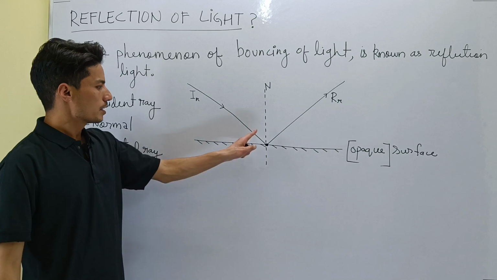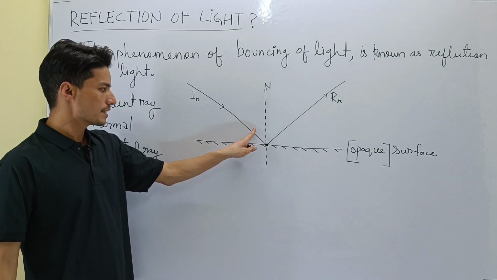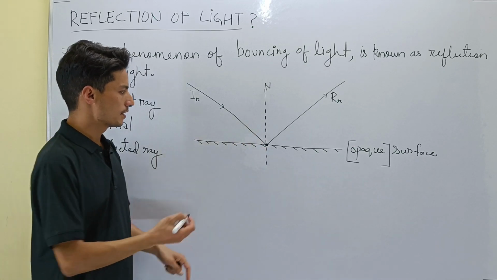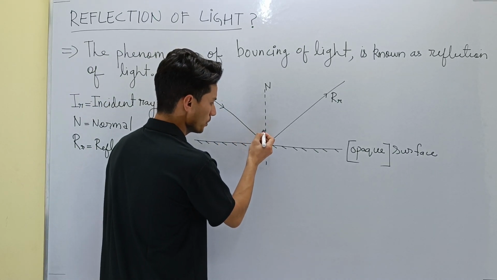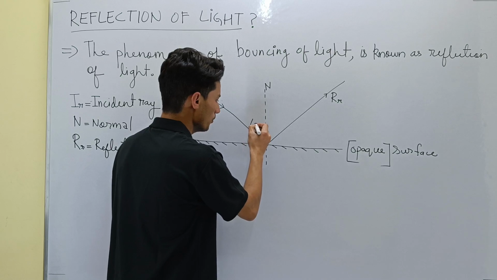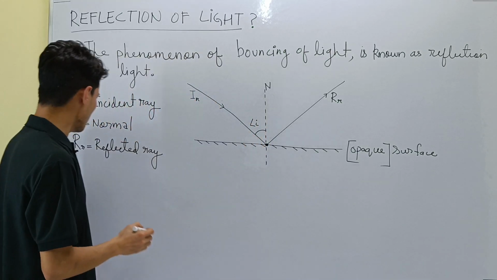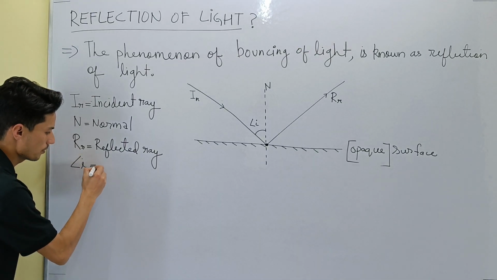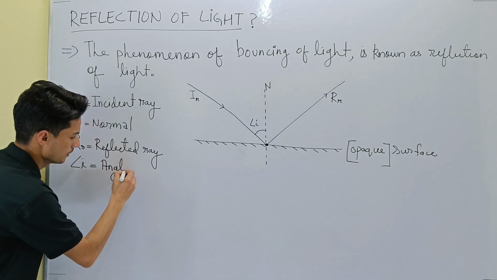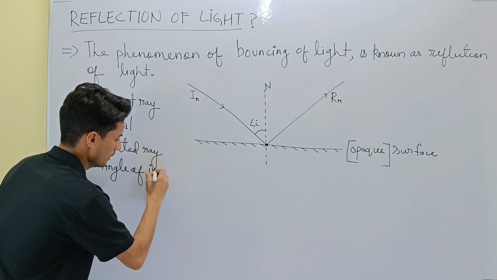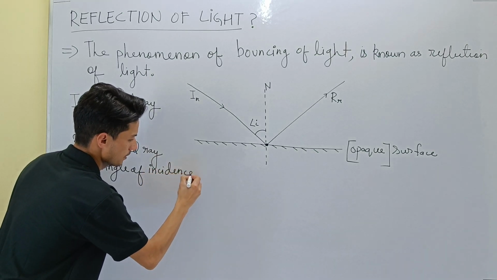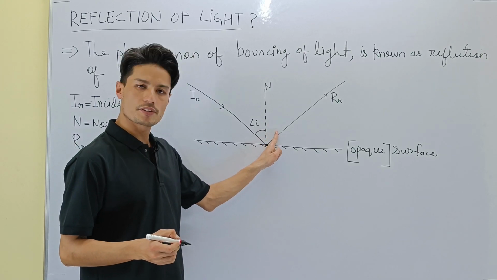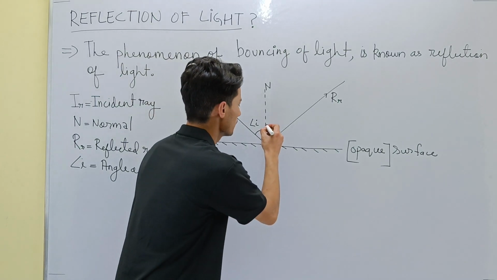Now between the normal and the incident ray, I repeat, between the normal and the incident ray, that means this region here, you will get an angle. This is called the angle of incidence, angle I. Now between the normal and the reflected ray, there will be another angle, this one.